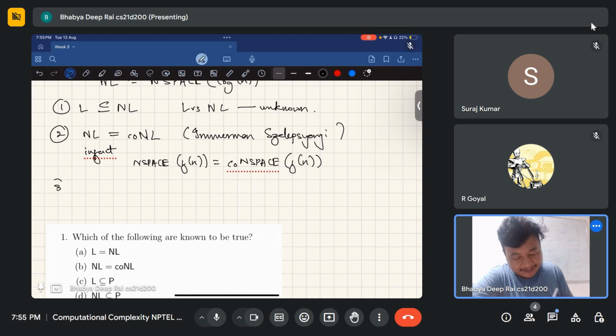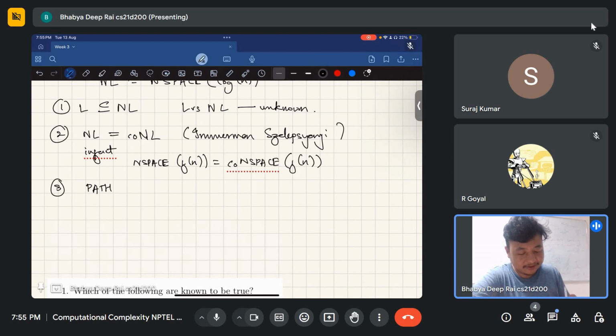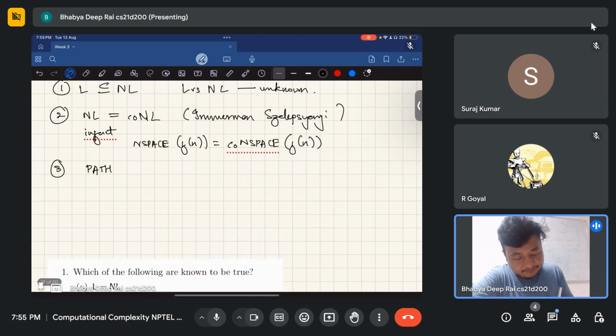And another thing is the path problem, of testing whether one vertex is reachable from another vertex or not, is NL complete. And another thing is, can we remove the non-determinism here?